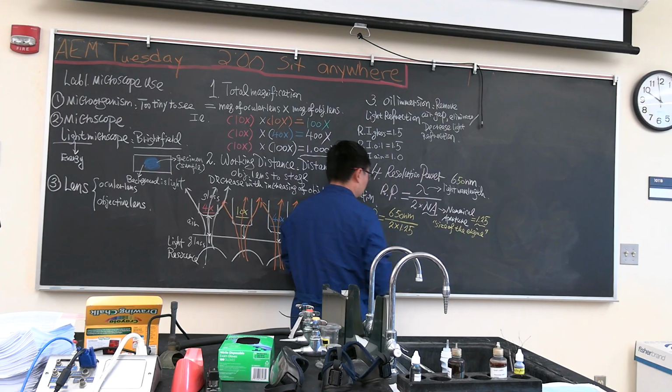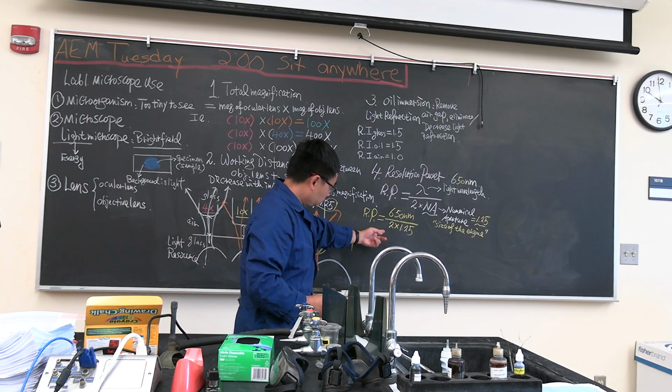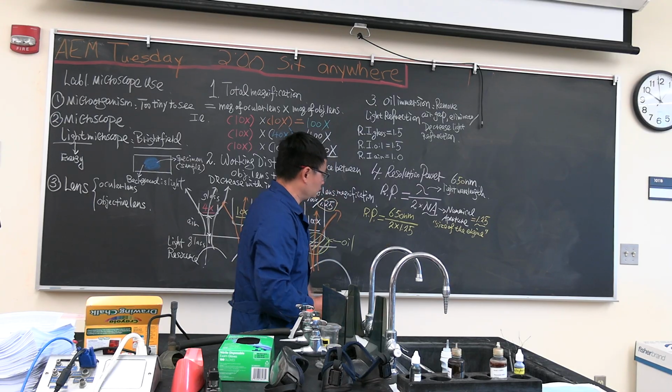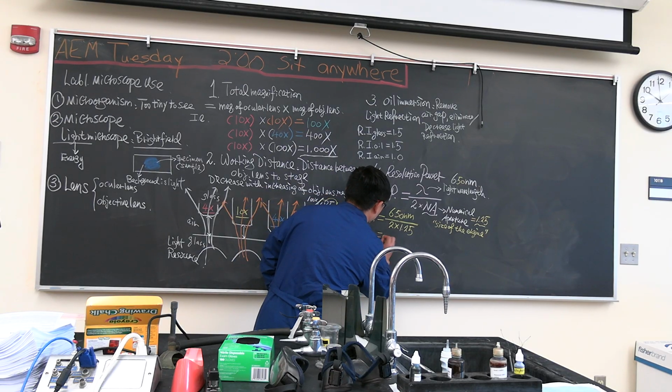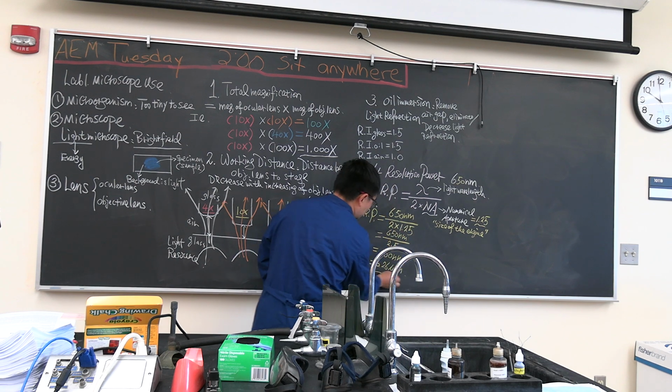So 650 nanometer divided by 2 multiplied by 1.25. That equals 650 nanometer divided by 2.5 equals 260 nanometer, equal to 0.26 micrometer. This number is important.